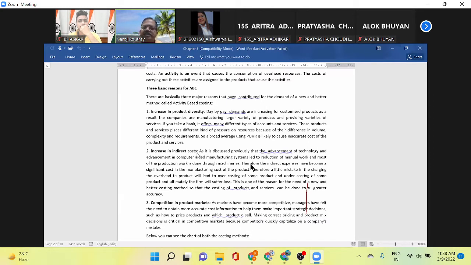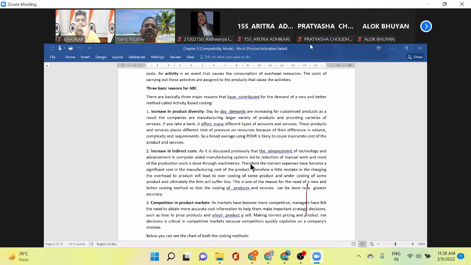One reason is that if we have diverse products, various types of products among the products we are manufacturing, then there is a chance of undercosting and overcosting, because for some products which consume more resources, we may not be allocating the cost.